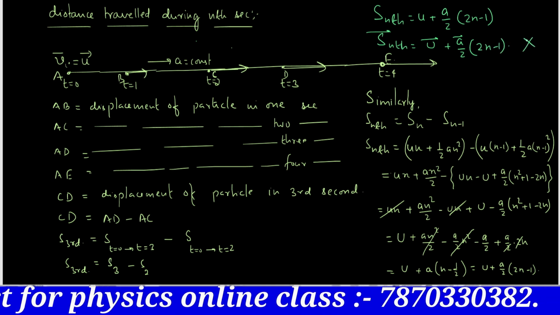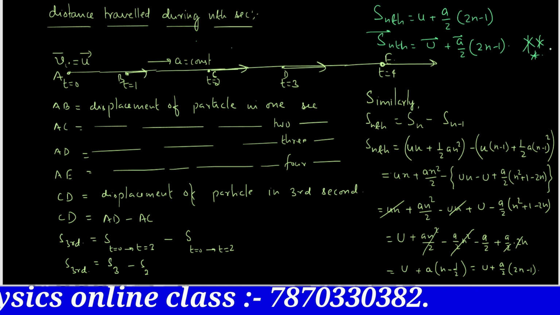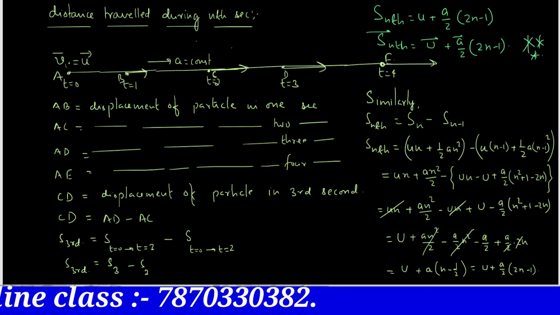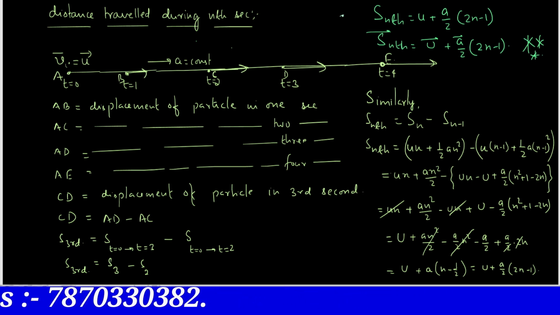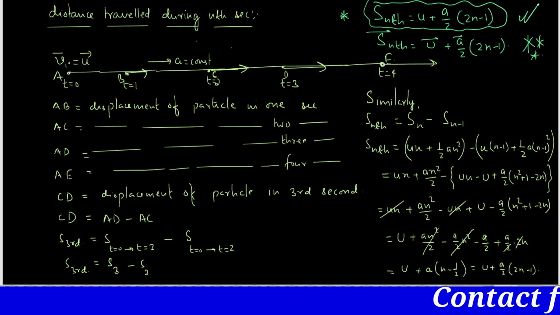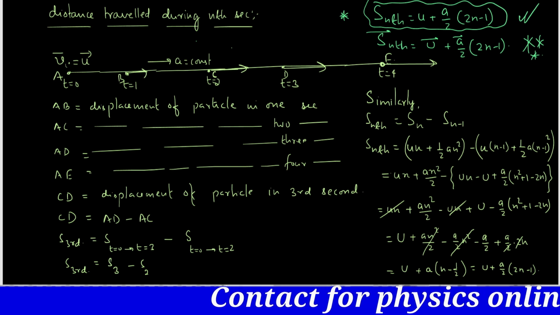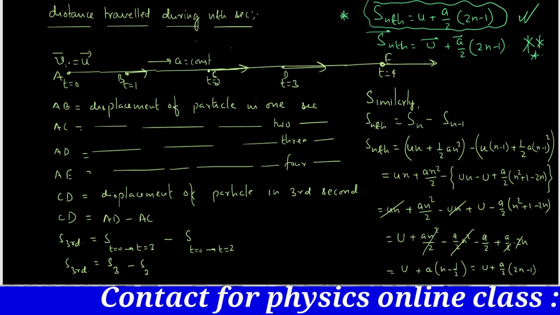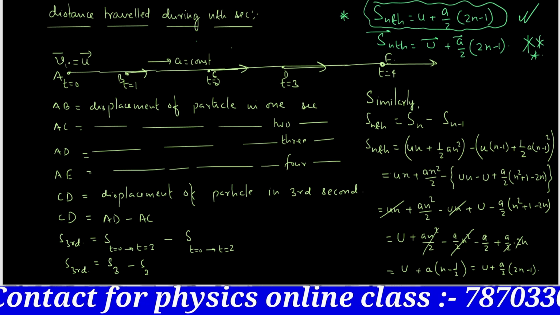Any problem? This is very, very important. In the more general case, this is used normally. S nth equals u plus a by 2 into 2n minus 1.